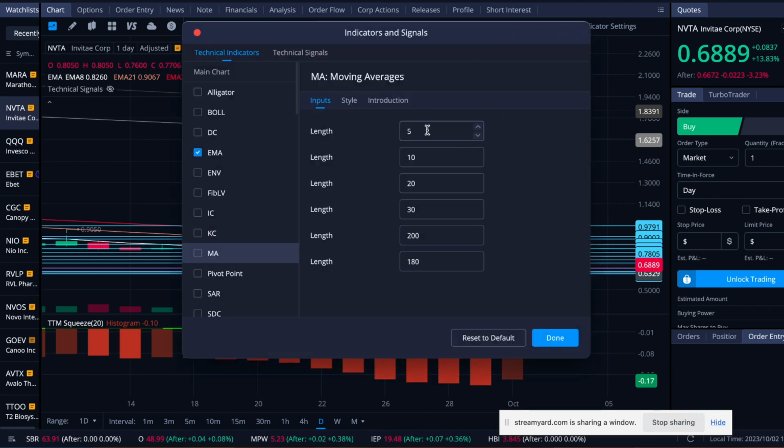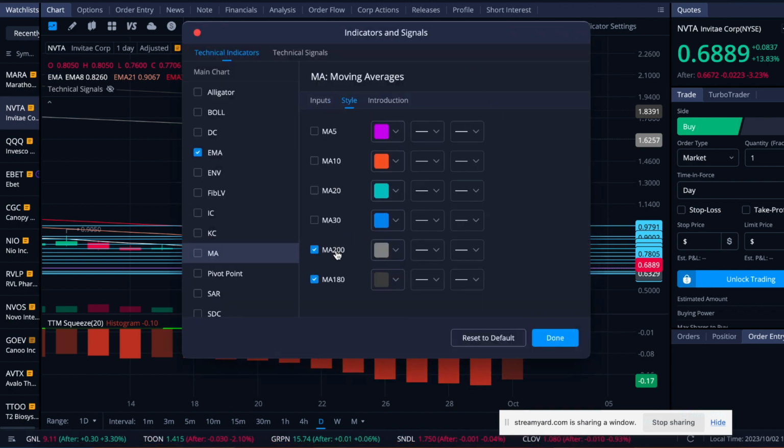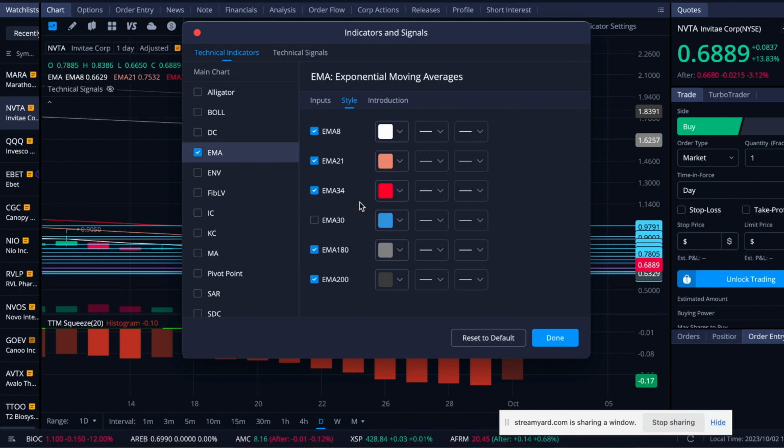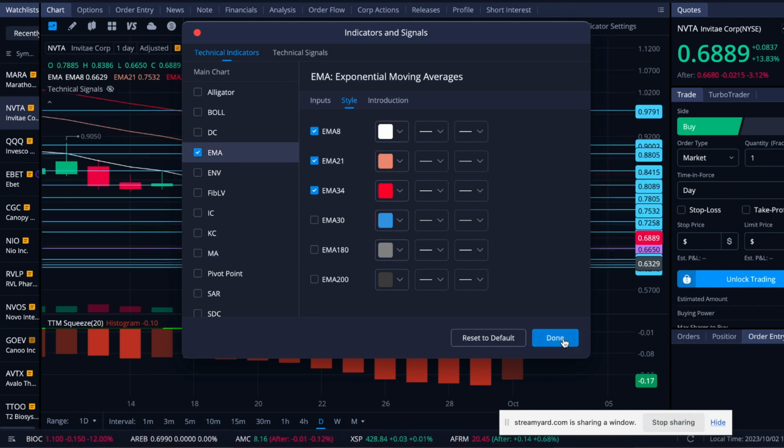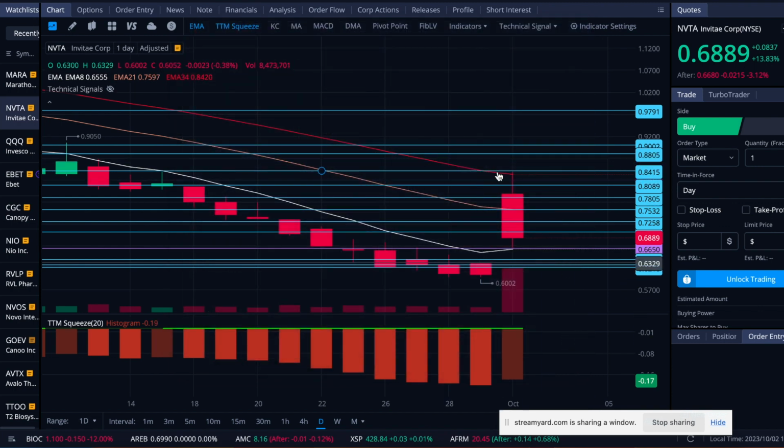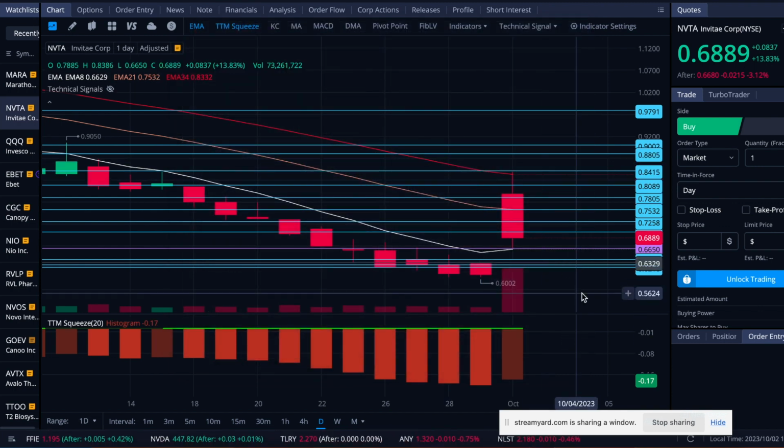Hold on a sec. Let's get rid of those because they're throwing off our mojo here. Oh, not the MA, the EMA. Okay. All right. And then here we can see it's stretched the entirety of the EMA stack, which is really interesting. So it's trying to get support over the 8 EMA, which would be key to it continuing to carry.